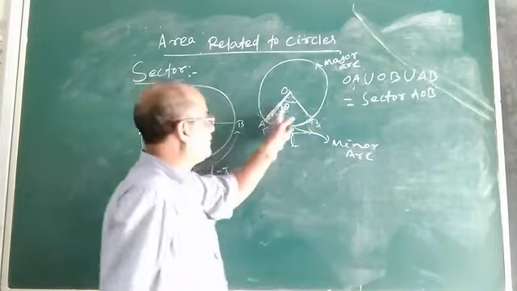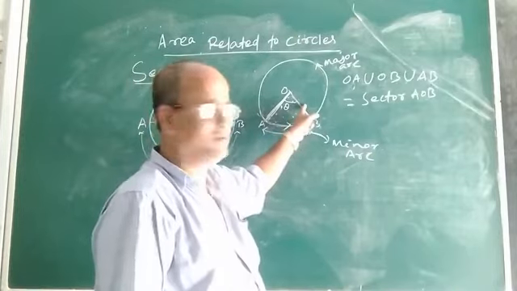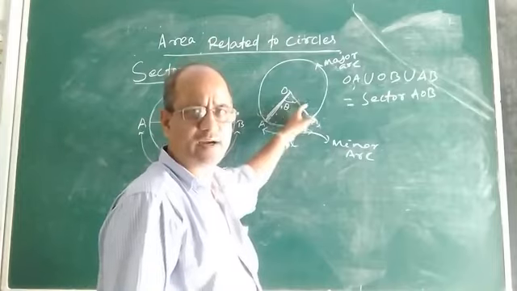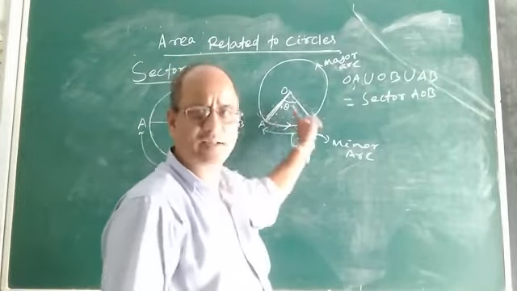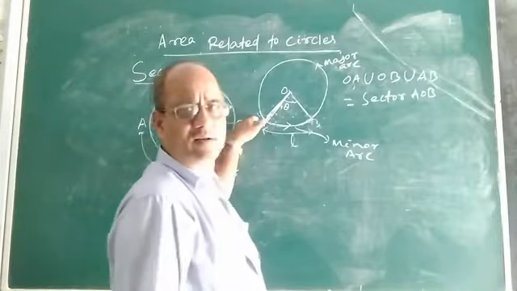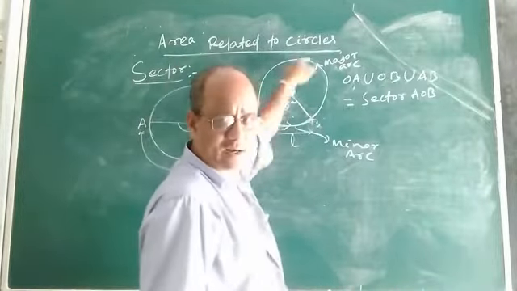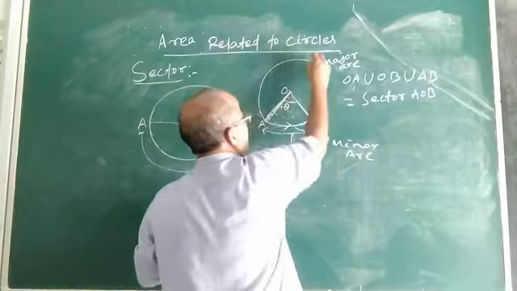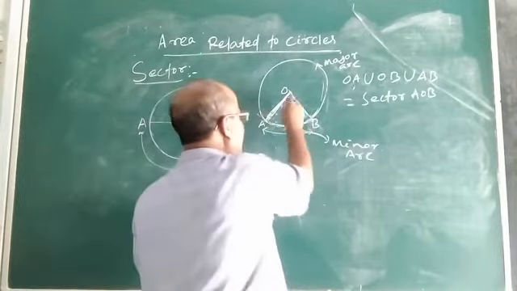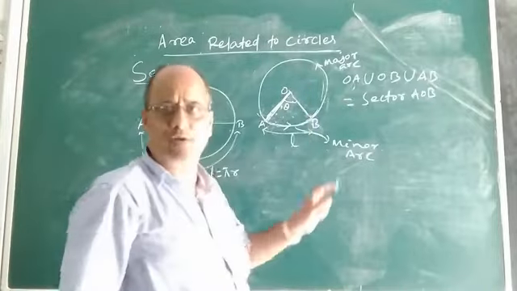Now if these two are radii and this is the minor arc, the region between them is known as a sector. Then again these two are radii, and this is the major arc. That means BA is the major arc and OA, OB are the two radii of the circle.